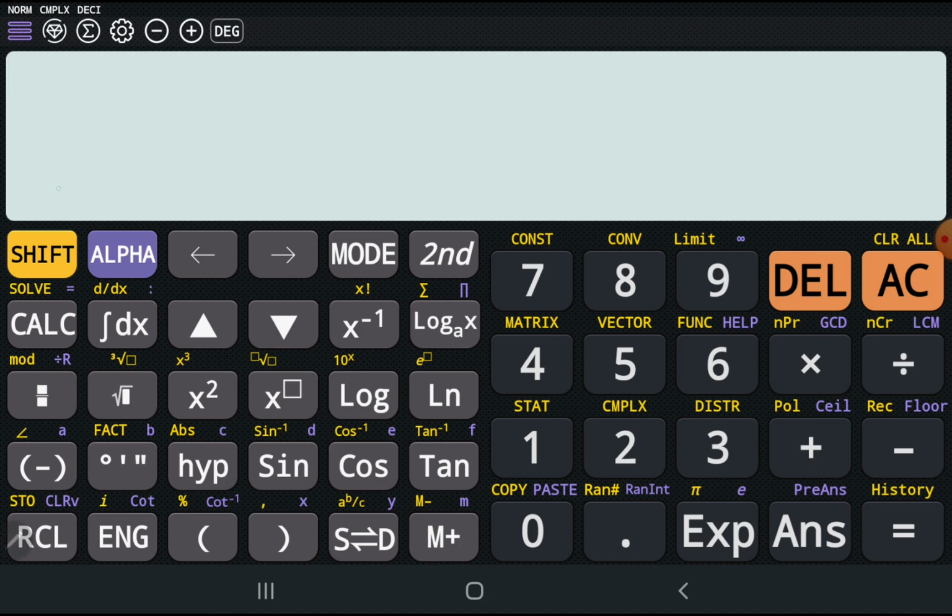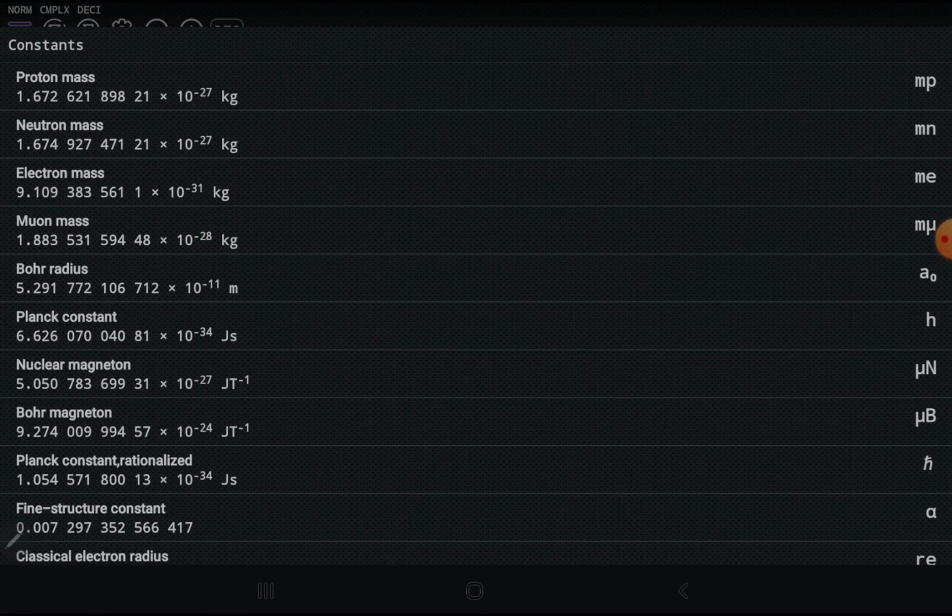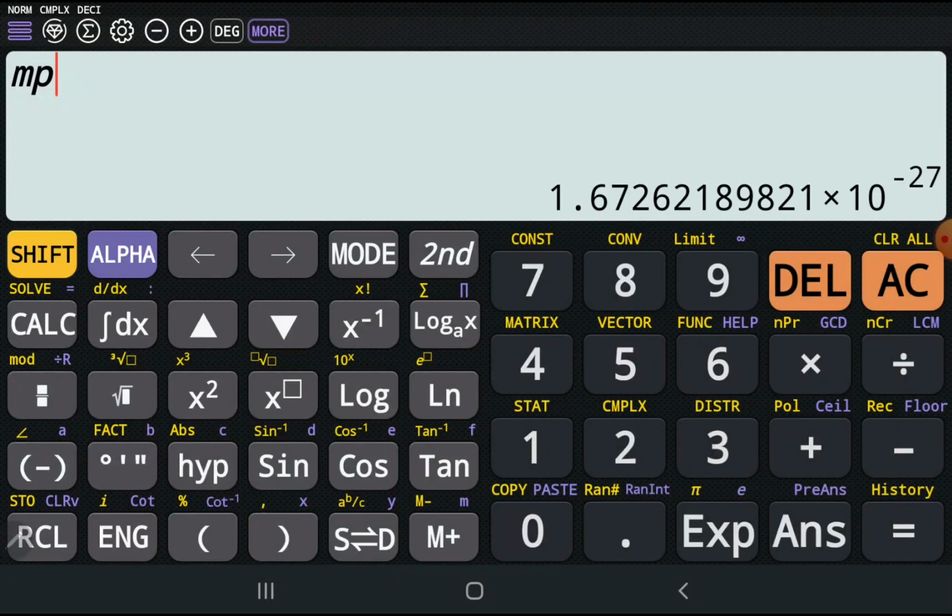Okay? Shift 7, constant. Take note that kinukuha natin yung mass of proton. Okay? Wherein we have, pag nasa calculator dun kayo, shift 7, 1 yan. Shift 7, 0, 1. Okay? So, in this constant, you can see that it is a kilogram. Okay?